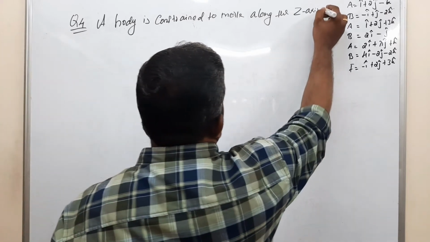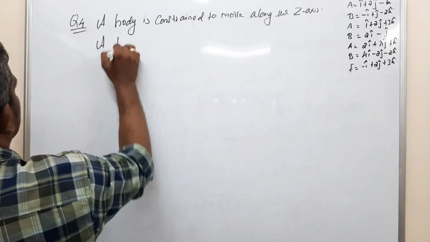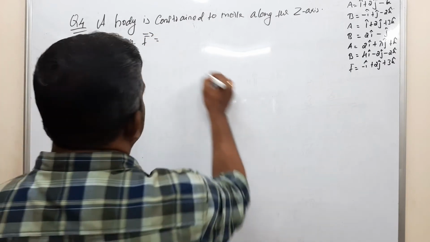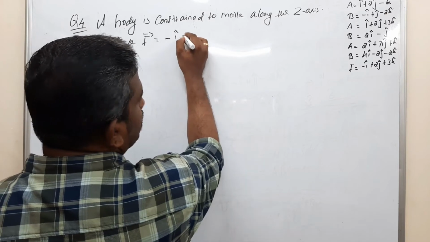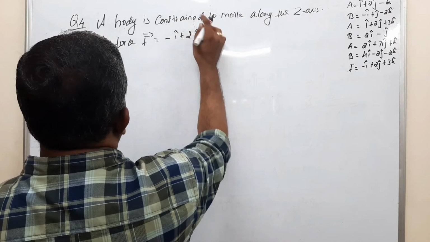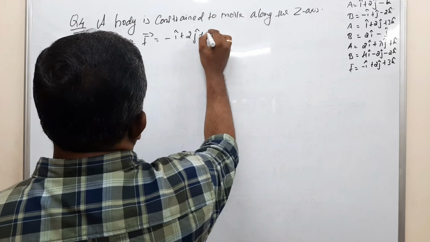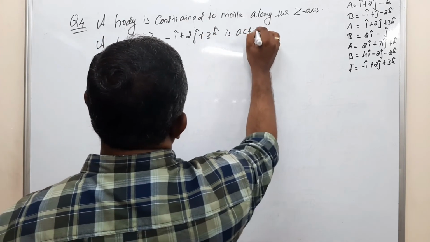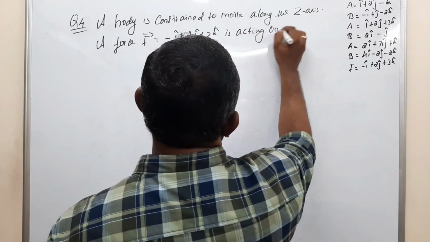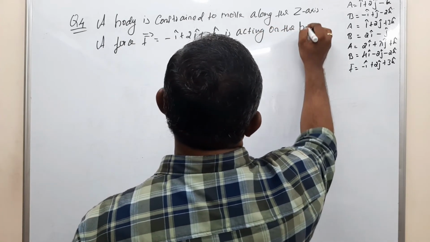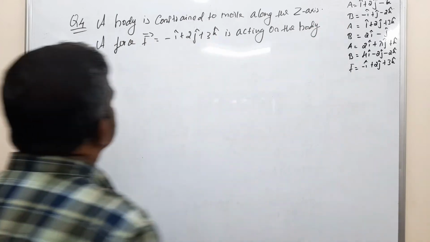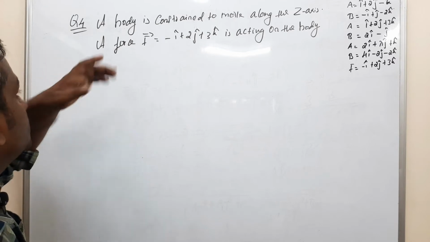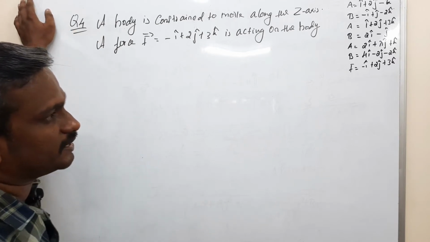A force F vector is equal to minus i cap plus 2j cap plus 3k cap is acting on the body, where i, j and k are the unit vectors along the x, y and z axis.